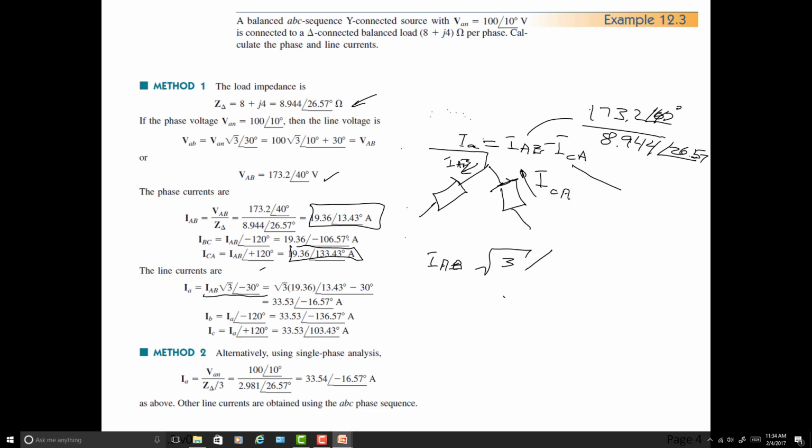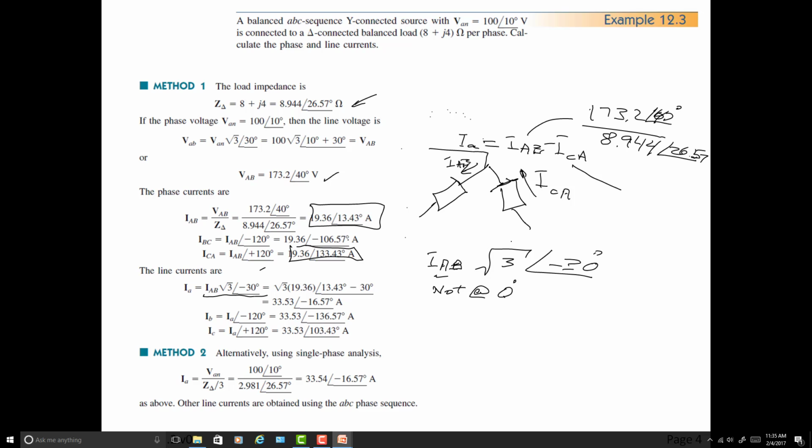That's the magnitude increase at an angle of minus 30, right? That was a fact. But now what we need to look at in this case is our IAB is not at 0 degrees. So we have to be careful about this guy.